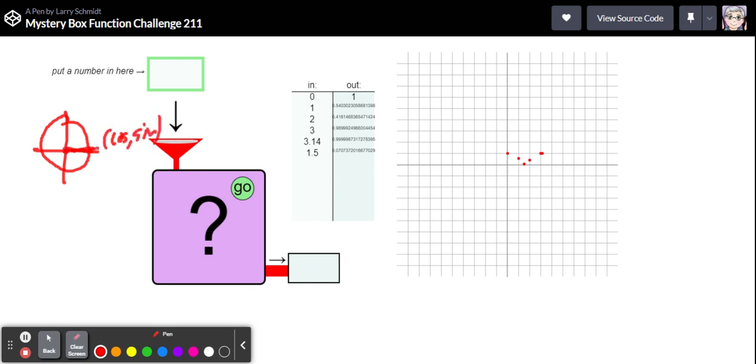So here at this point, we're at the point (1, 0). So cosine starts out at 1, and up here's pi over 2, and by the time it gets all the way up here, the cosine, which is your x part of the coordinate, is at 0. And then by the time we get here, we should be at -1. But we're at +1. So that's a little monkey wrench in the works there, isn't it?